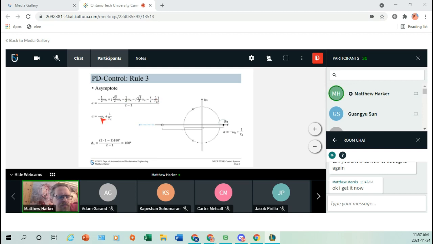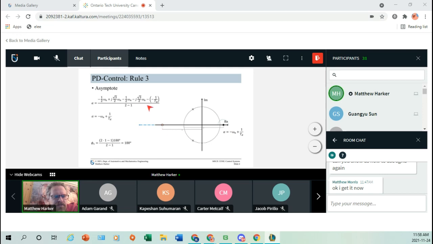And what we get out of that is that alpha is this negative omega n plus 1 over TD. This is just a bit of geometry here. It's actually not really important, just because we have one asymptote and we know we only have one branch going to it. So the center is not that important in this case.